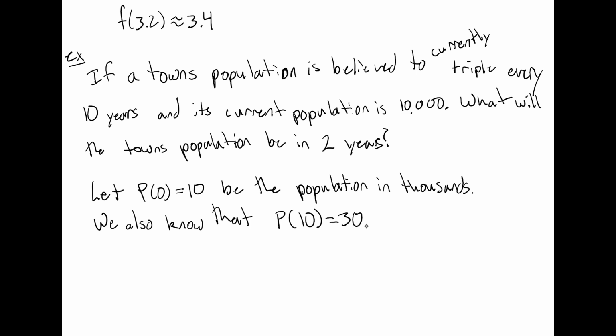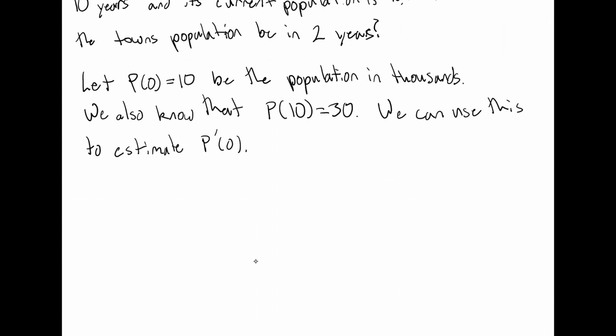So we can use this to estimate p prime of 0. Basically we're using this to give an estimate for the derivative at 0.